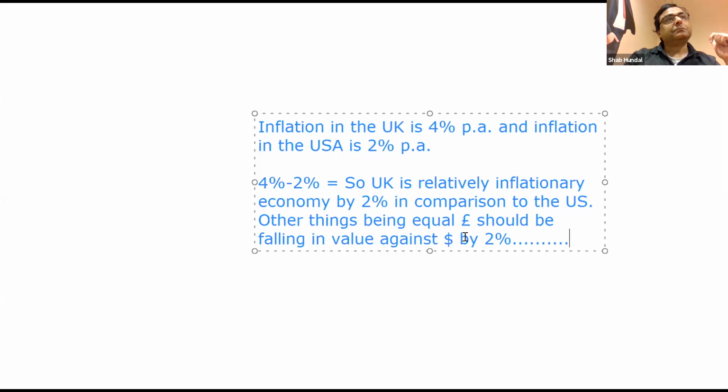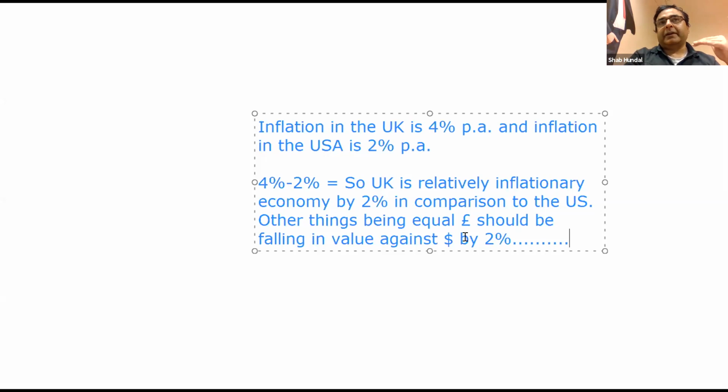Same way, when the US has less inflation and the UK has more inflation, then the Americans would find British-made goods expensive. Because British goods are expensive, the Americans would import less from Britain. Therefore the UK would export less to the USA.